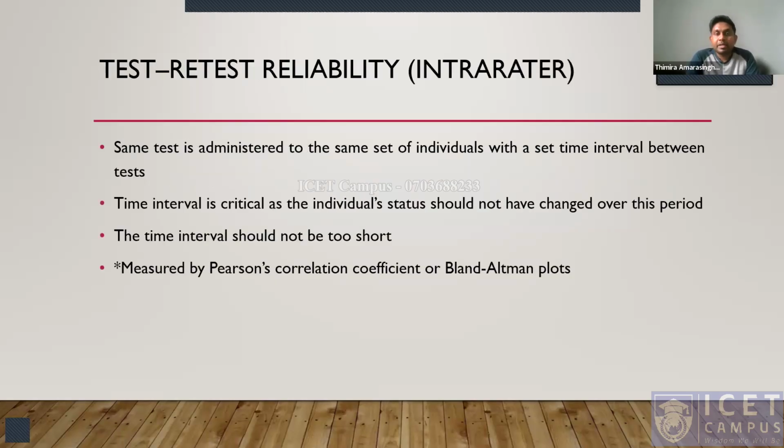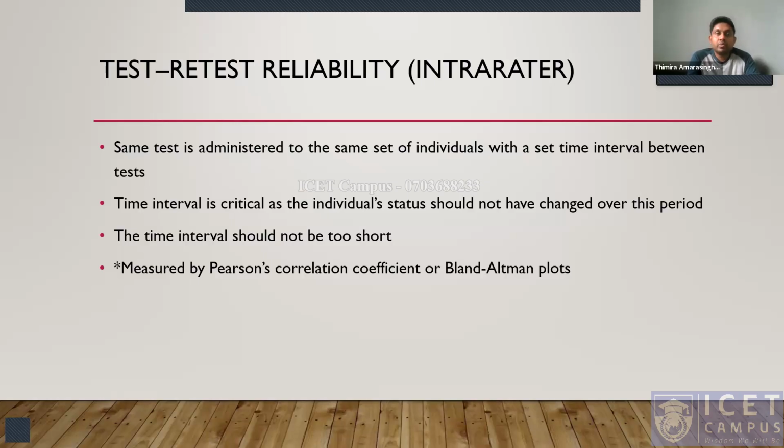Intra-rater reliability means we are giving the same test or our tool to the same set of individuals with fixed time intervals, which means we get the same sample, the same test people, and we give them the same test within different time periods.